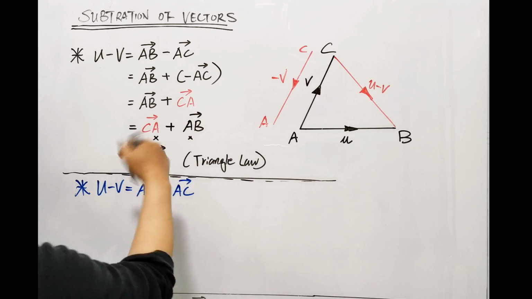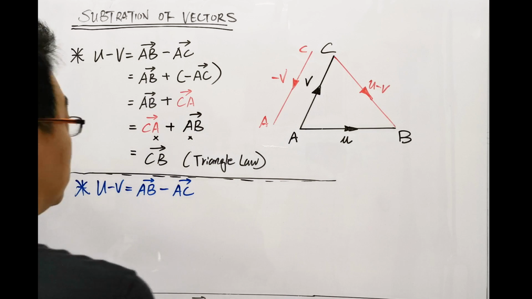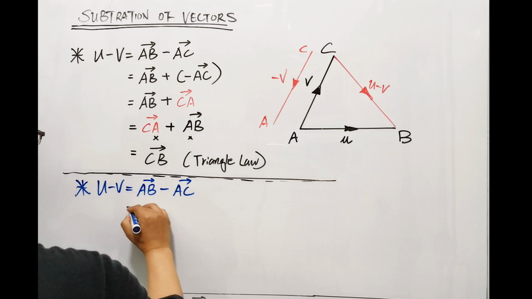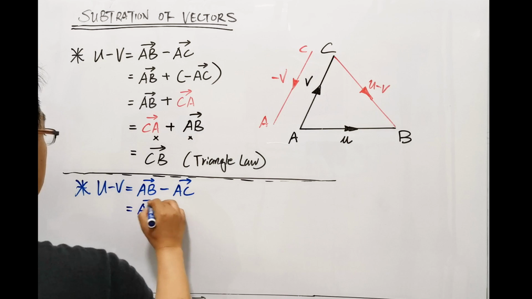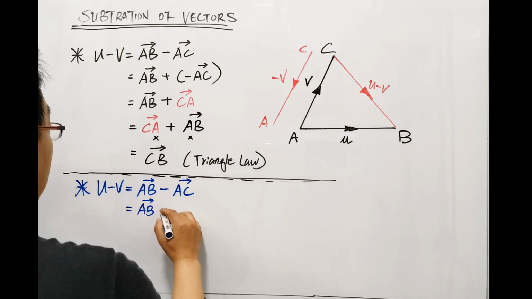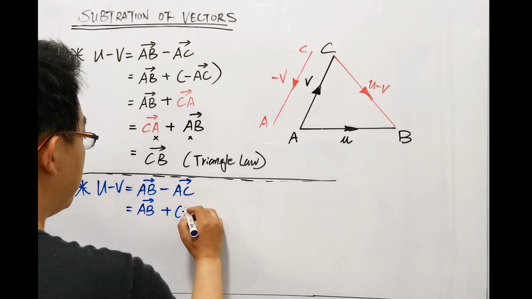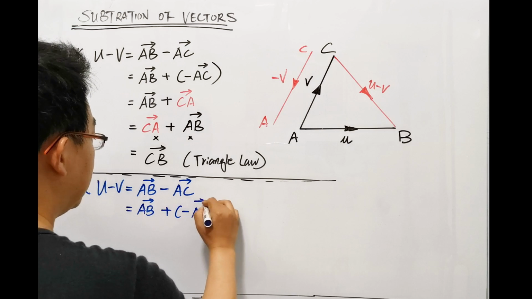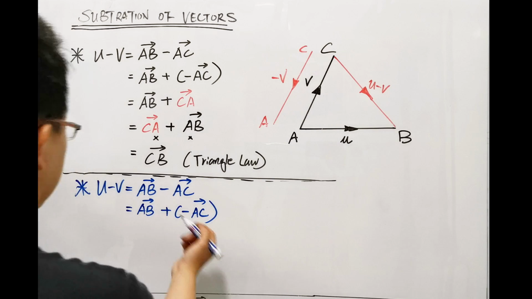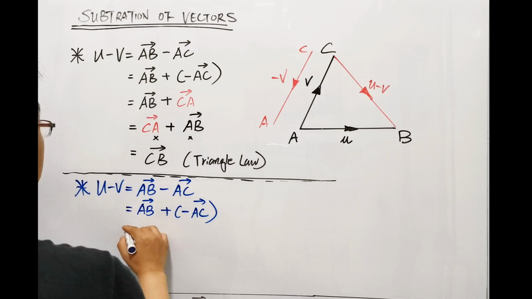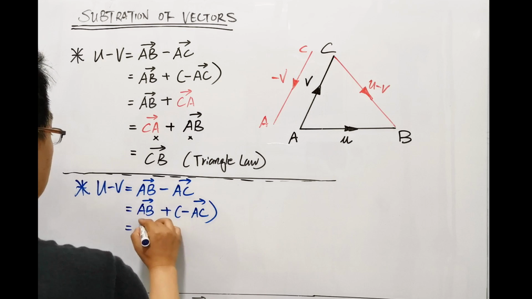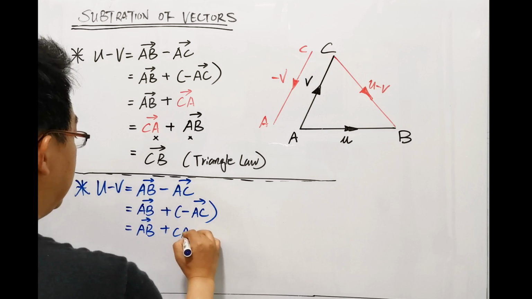Now let me change to the other way: AB plus, we move the negative sign inside. If this is the case, then we also get AB plus CA.